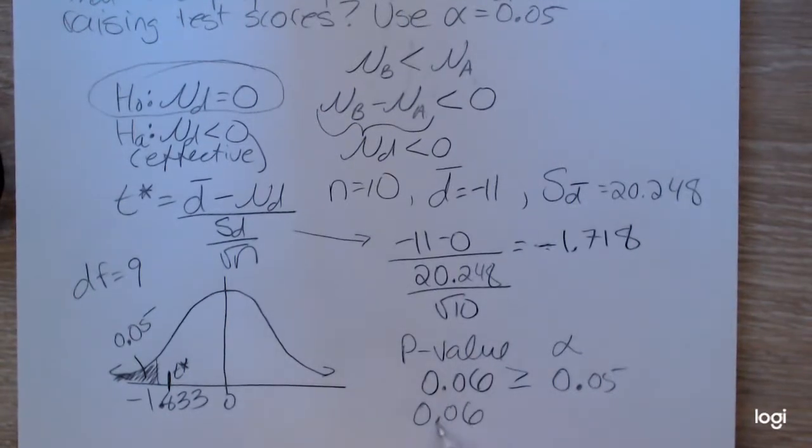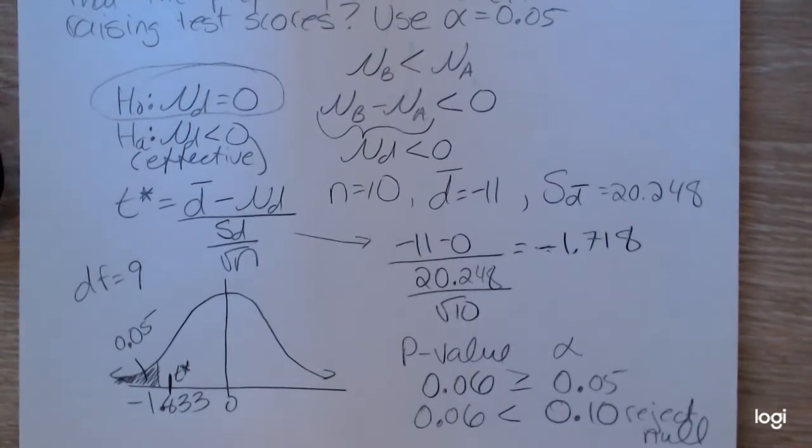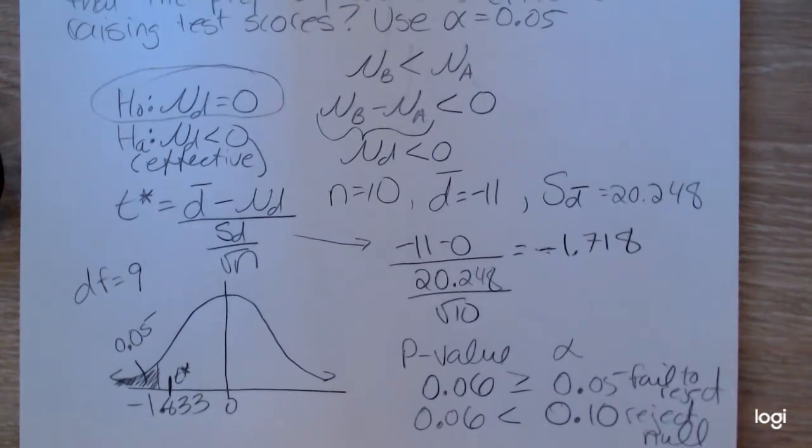But if our level of significance was 0.10, then the decision would change. The p-value would then be less than 0.1, and the decision would then be to reject the null. So it is possible to fail to reject at one level of significance and reject at another.